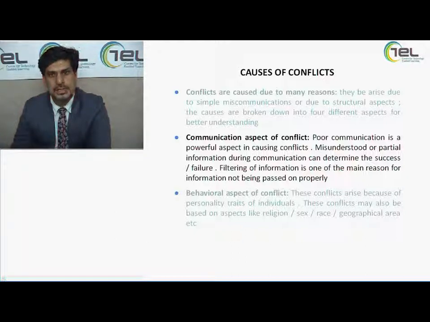In all the 3 cases, conflict is bound to arise in the organization. So, the first and the most important cause of conflict in an organization can be termed as communication. Let's move on to the other components and the things which cause conflicts in the organizations.